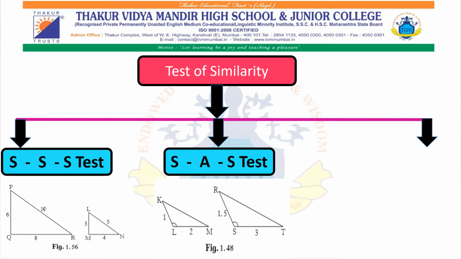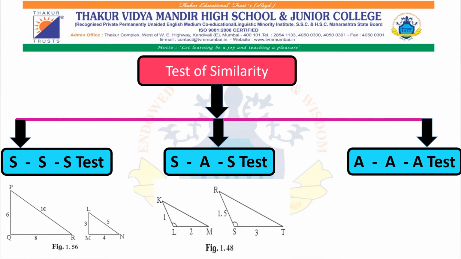And the last test is the AAA test, which is also called the AA test, because if two angles of one triangle are congruent to the corresponding two angles of another triangle, then the third angle is automatically congruent. As we know, the sum of measures of all the angles of a triangle is 180.